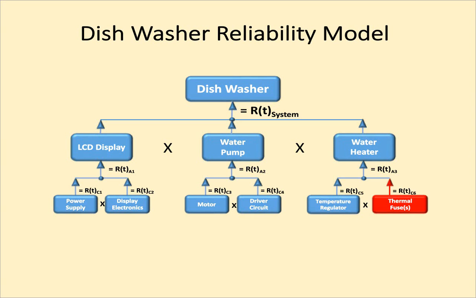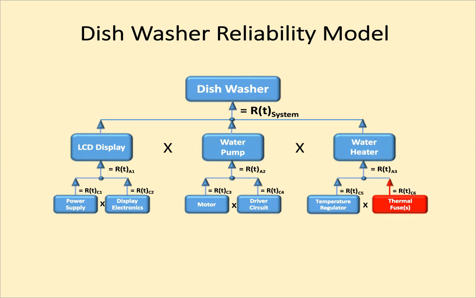The water heater is not in the same category. An electrical water heater in an appliance like this would be controlled by a temperature regulation circuit that turns the heater on and off continually to maintain the water within a certain temperature range. Well, if that temperature regulation circuit fails, the water heater can go into a meltdown mode and cause a fire.